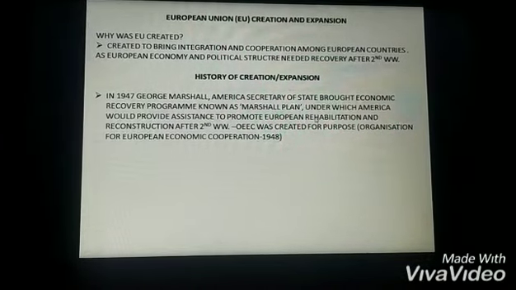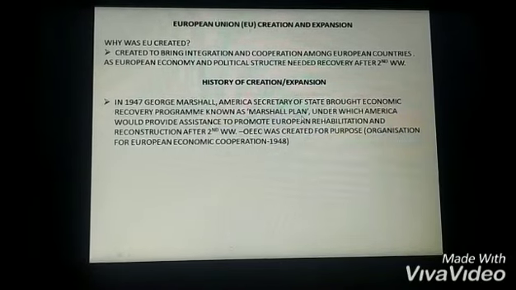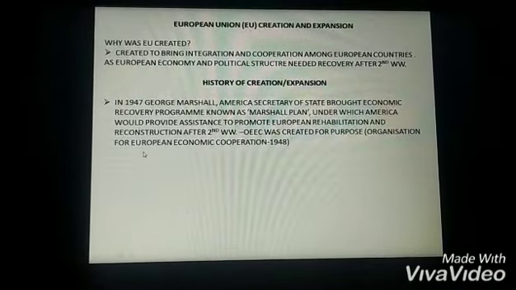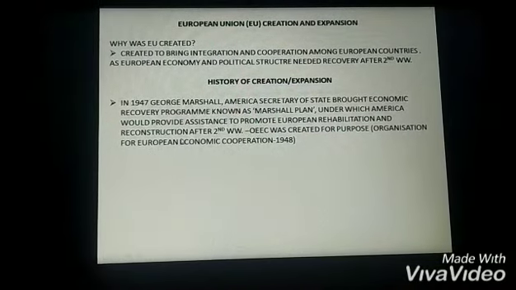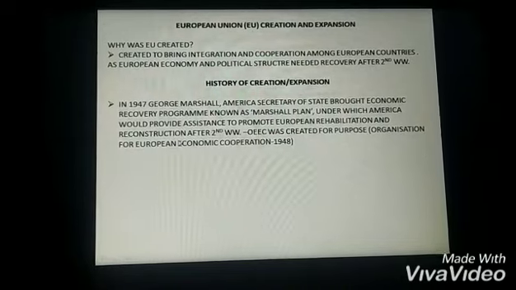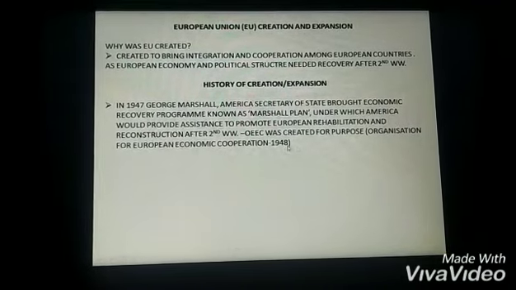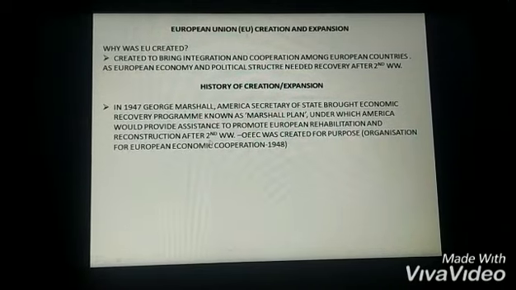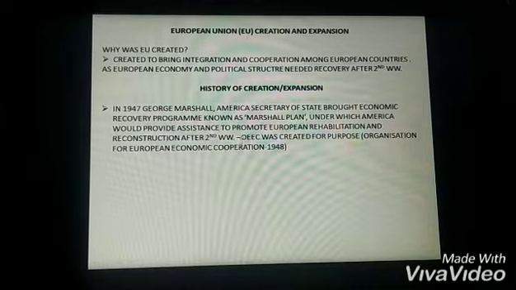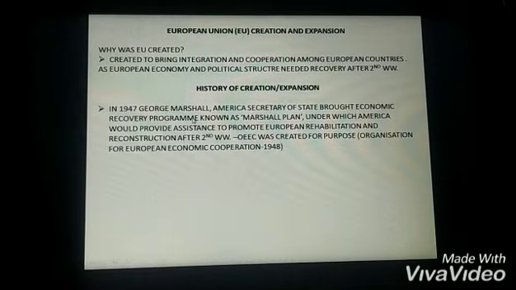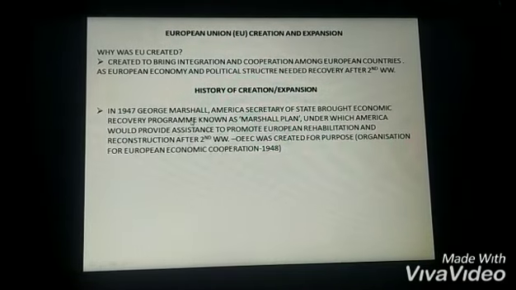And under this plan, USA came up with an idea that it will provide economic assistance to promote the European rehabilitation and reconstruction after the Second World War. And why did George Marshall bring up this program or plan?